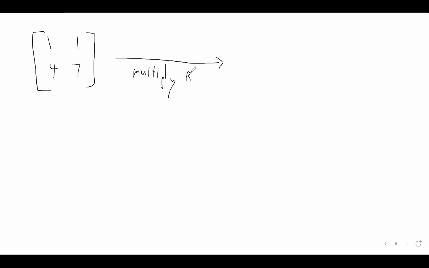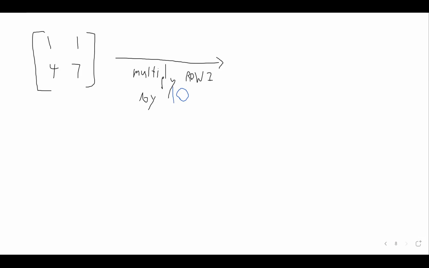Let's say you start with the matrix 1, 1, 4, 7, and let's say you multiply row 1 by the number 10.